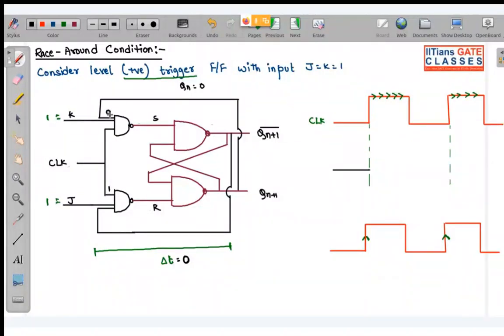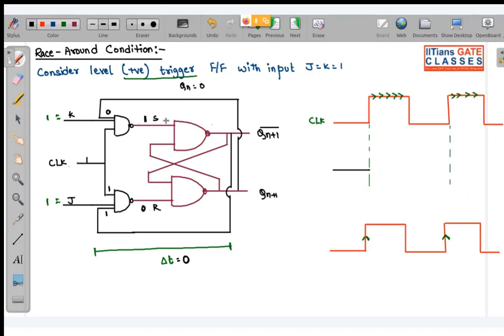If one of the inputs of a NAND gate is 0, the output will be 1. You can see all the inputs over here are 1, 1, 1. At the positive level of the clock, everything will be 1 because the clock is also 1, J is 1, and the feedback will also be 1. So everything is 1, so this will be 0 and this will be 1.